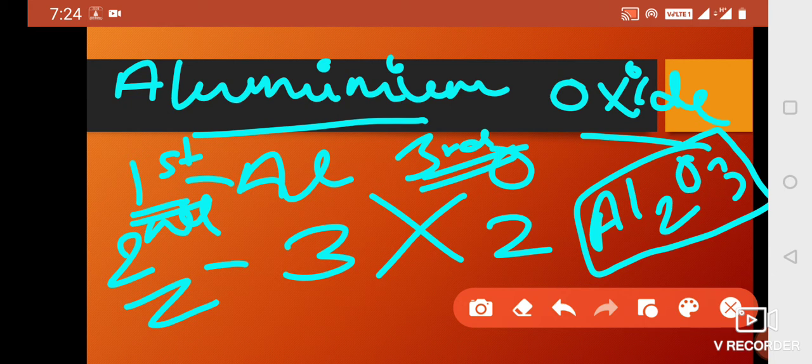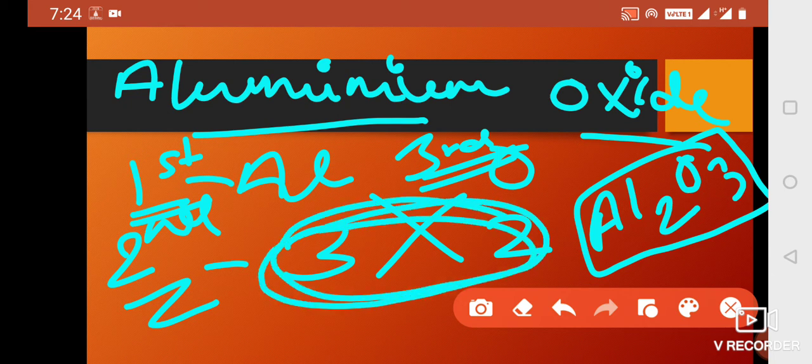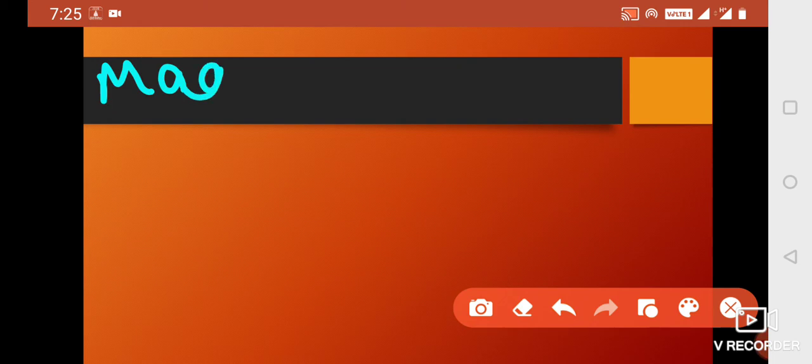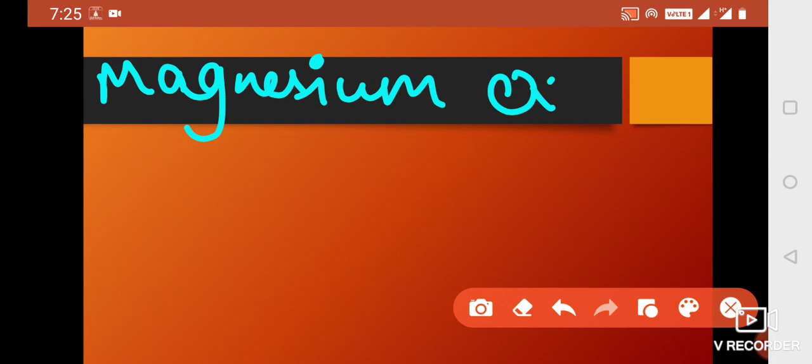Now we have done formula making for different valencies. What about same valencies? Let's do that. Suppose we take magnesium oxide.